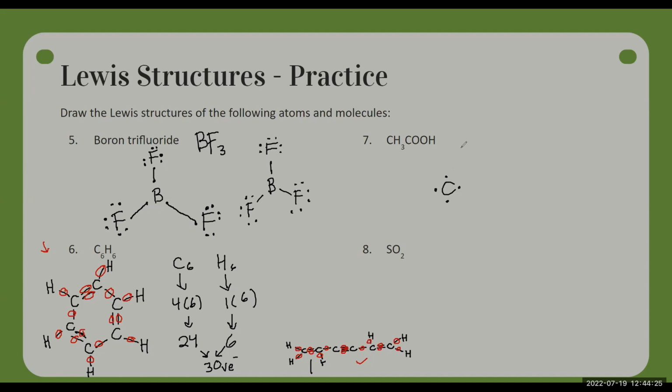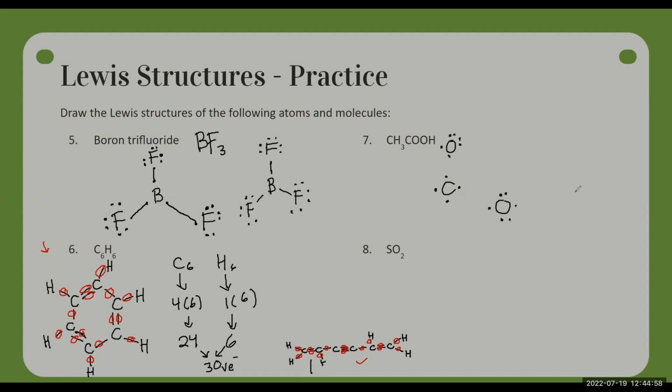So I can draw the Lewis structure of oxygen, 1, 2, 3, 4, 5, and then 6. I can draw in another oxygen somewhere. So we can draw one like this, 1, 2, 3, 4, 5, and then 6.